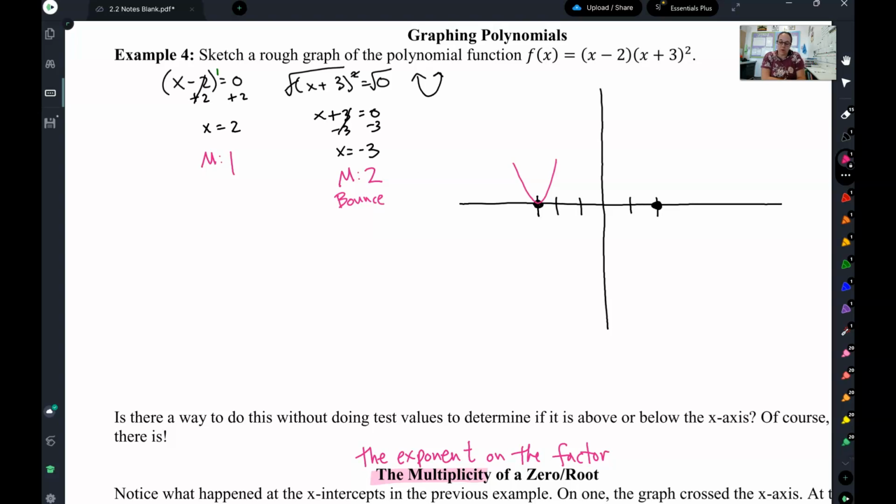Next, here, with my multiplicity of 1, if you think about multiplicity of 1, that's like a linear. A linear goes straight through. So this intercept will cross through. Because it has a multiplicity of 1.